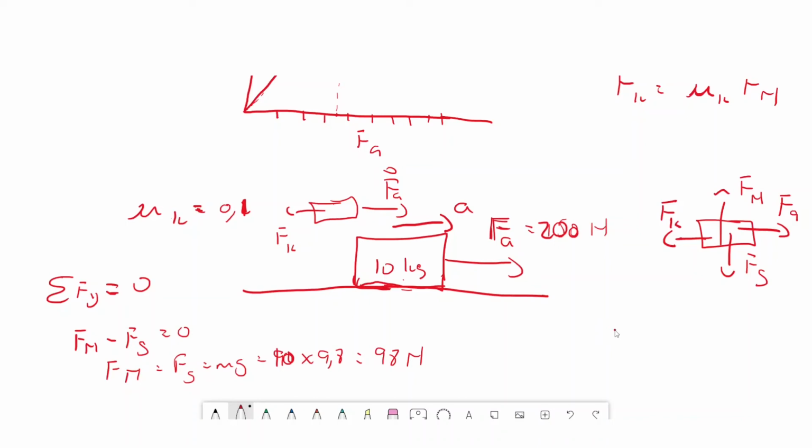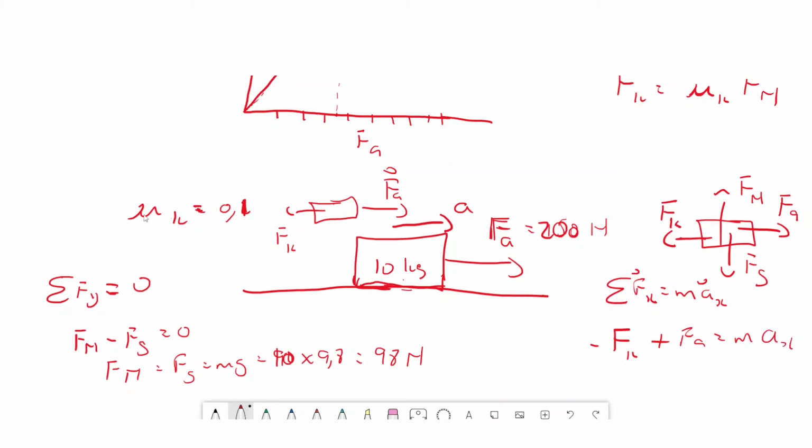The frictional force is negative. You say the sum of all the forces in the x is going to be equal to the acceleration in the x direction. What are those forces? It's Fk, which is negative, and then you have Fa, which is positive. It's going to be equal to m ax. So there's going to be acceleration.